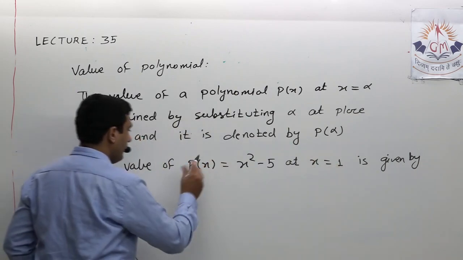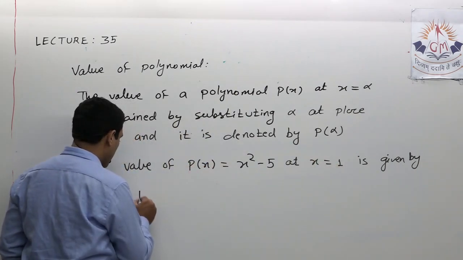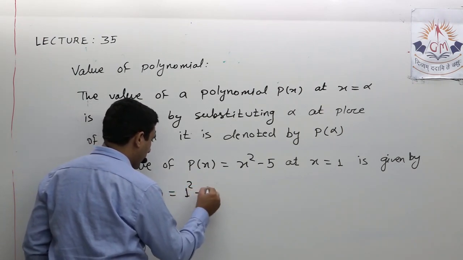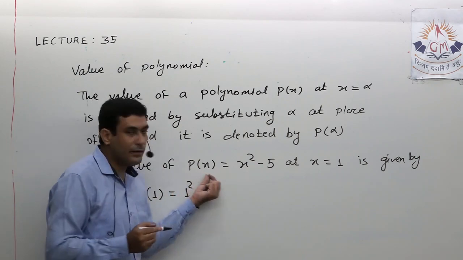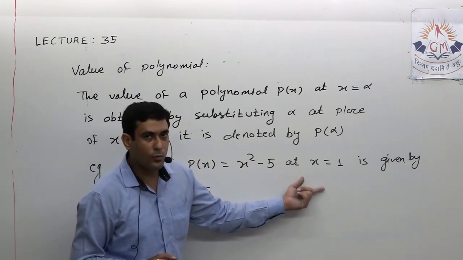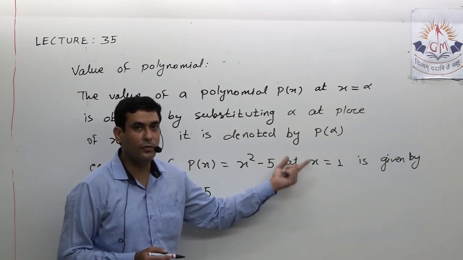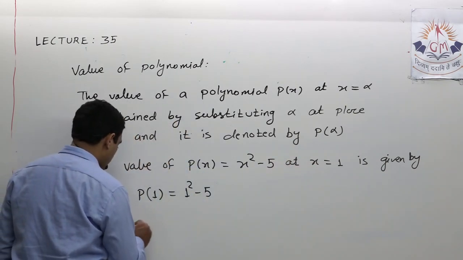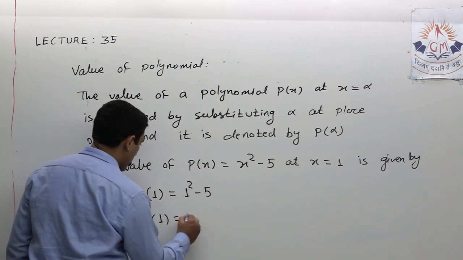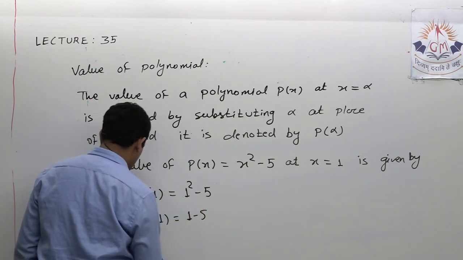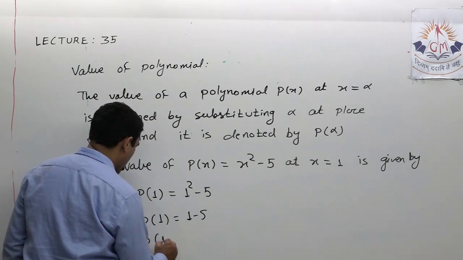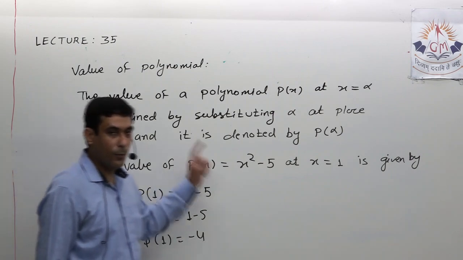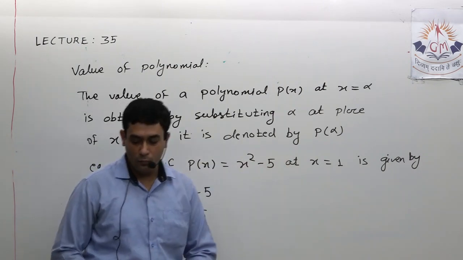So p of 1 is equal to 1 square minus 5. Wherever you find x, you have to put x equal to 1, because over here we have to find the value of the polynomial at x equal to 1. So p of 1 is equal to 1 minus 5. So ultimately p of 1 is equal to minus 4. Okay, so that is the value of the polynomial at x equal to 1.